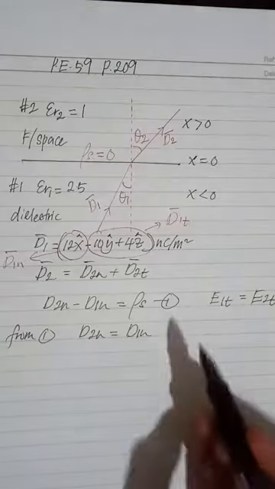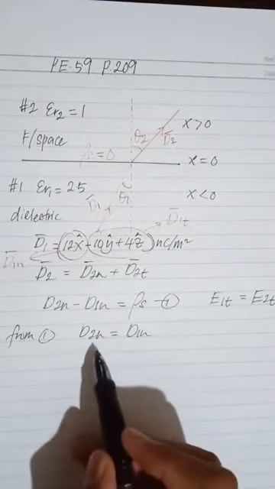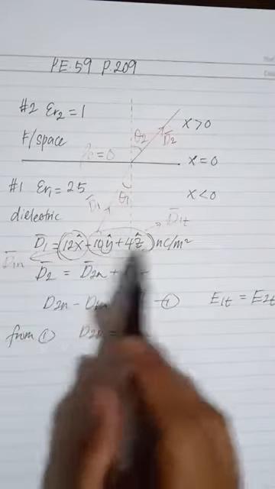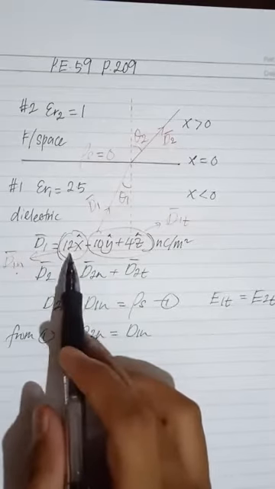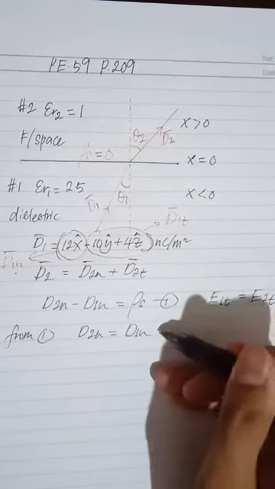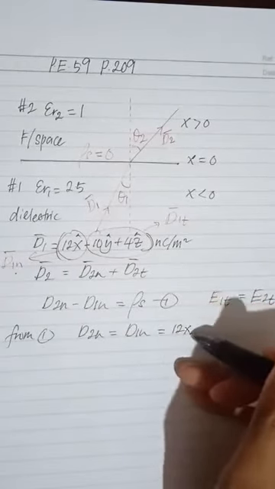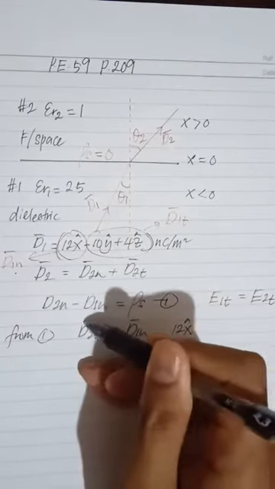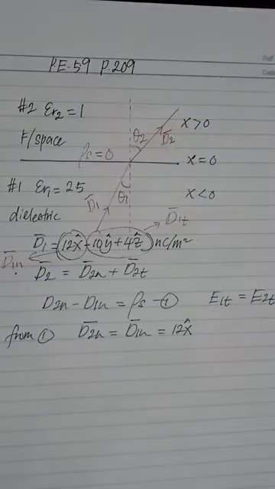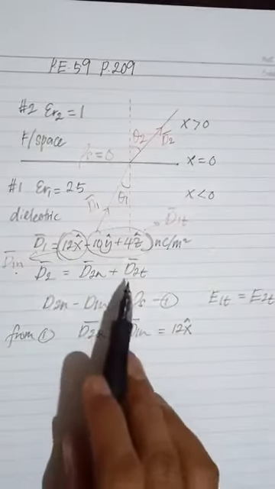So from here we know that D2n will be equal to D1n, which is equal to the 12 x component. Alright, good. Now done.